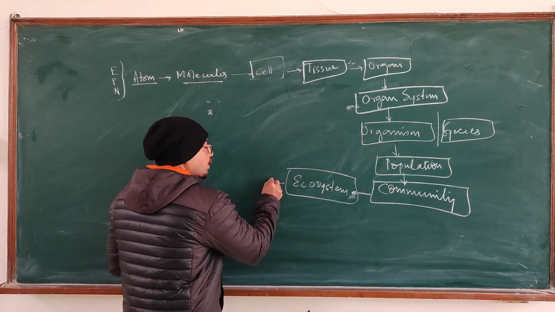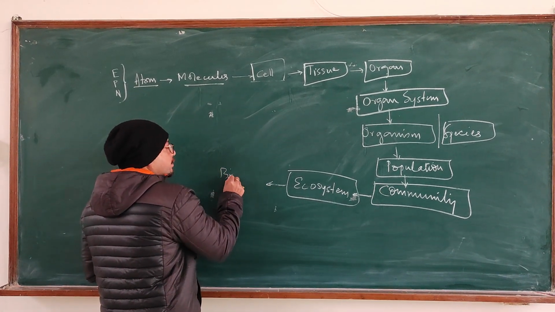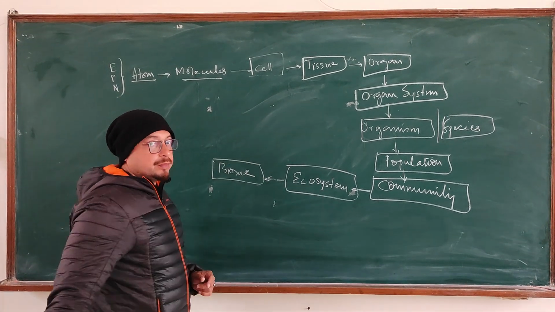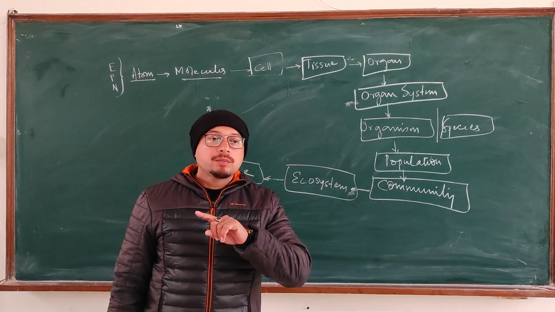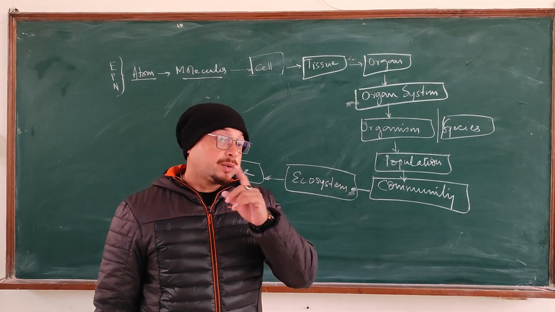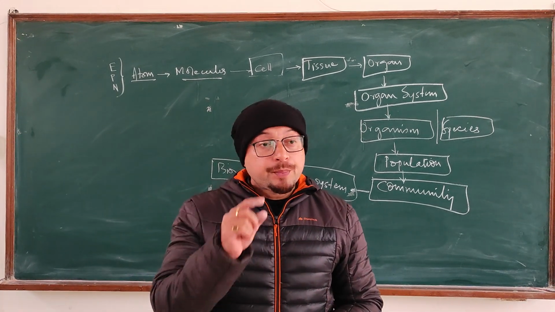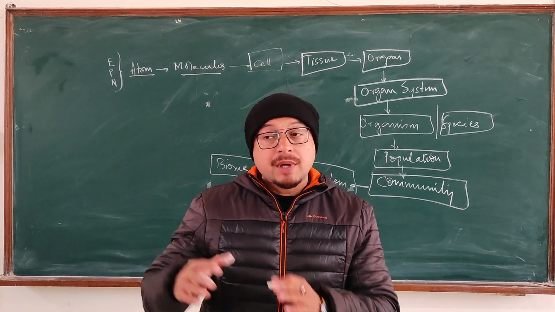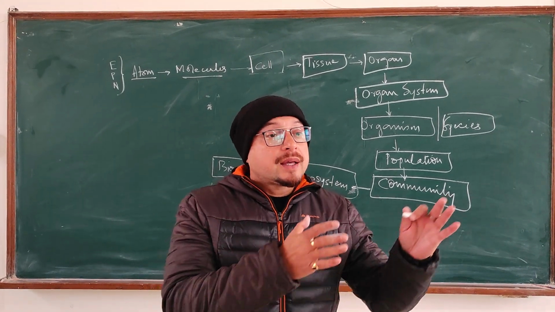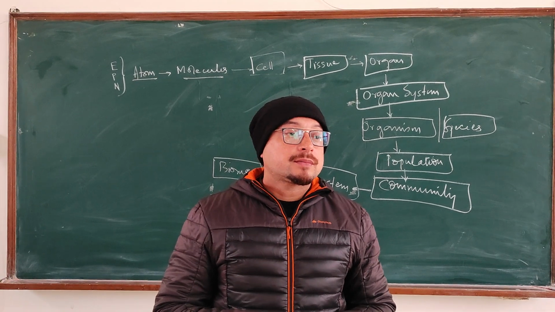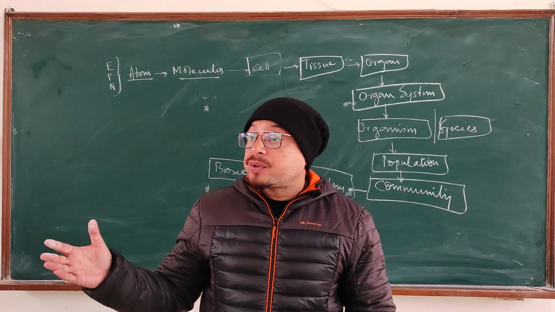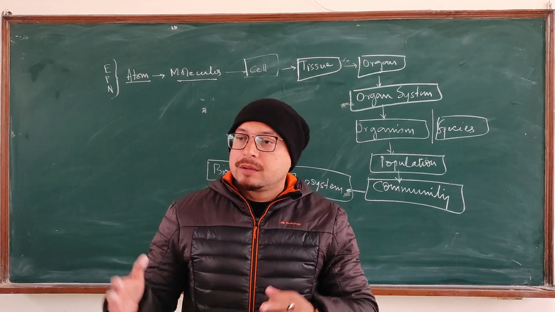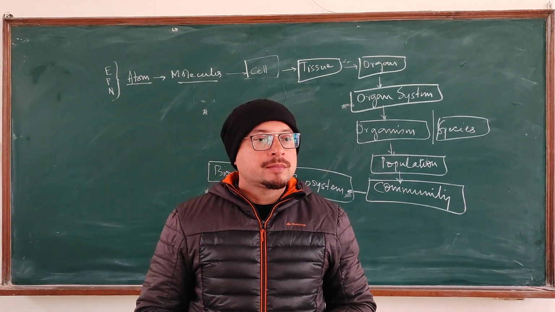And a group of ecosystems would form the biome. So, a biome is a collection of different ecosystems. So, broadly, ecosystems are of two types: the aquatic ecosystem and the terrestrial ecosystem. Now, the aquatic ecosystem is further of two types: the freshwater ecosystem and the marine water ecosystem.